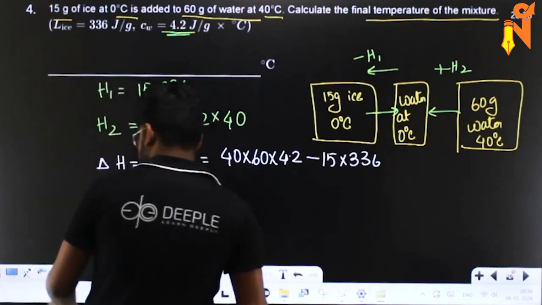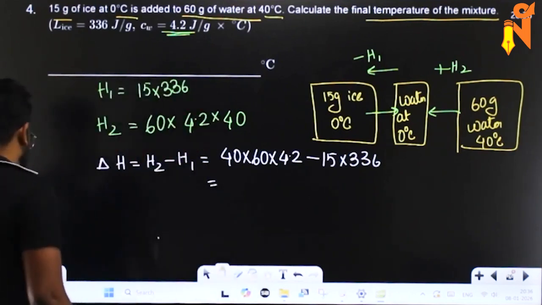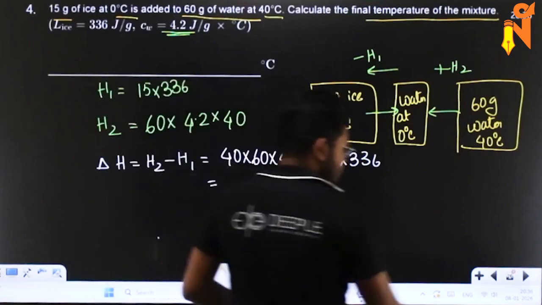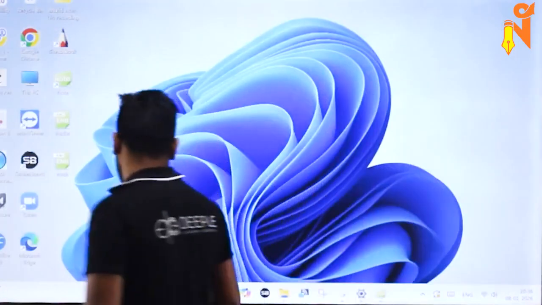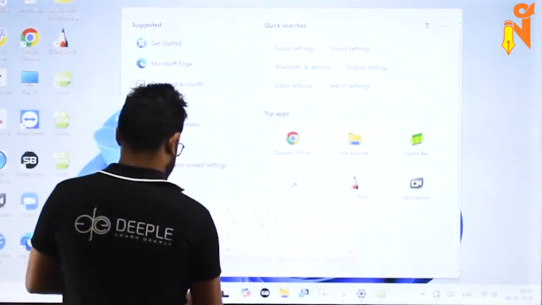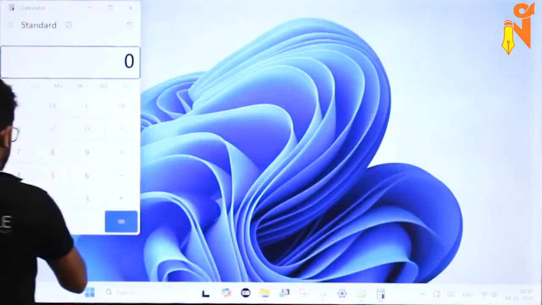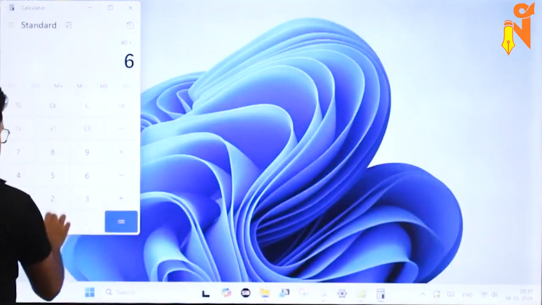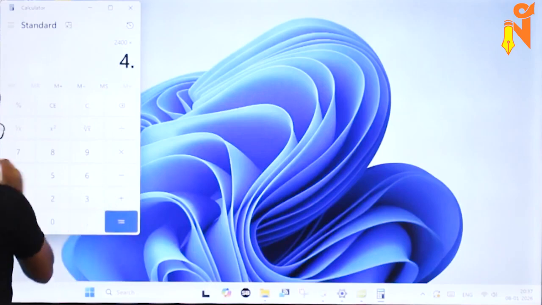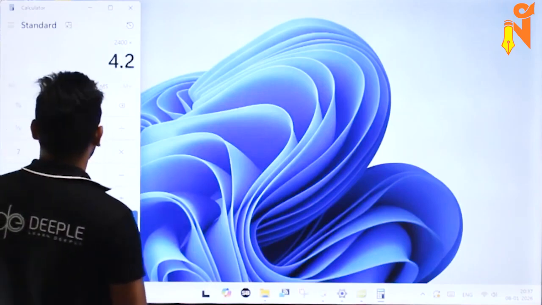Or rather, I can use the Windows calculator, can't I? 40 into 60 into 4.2. That is how much?